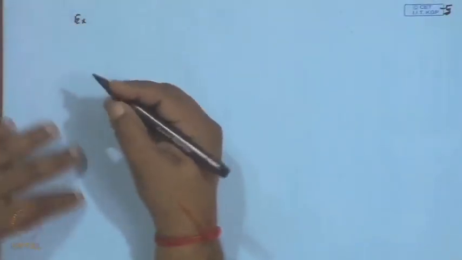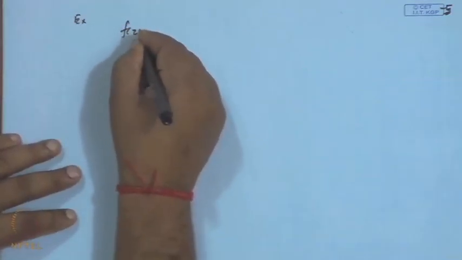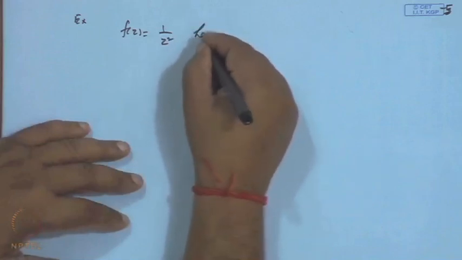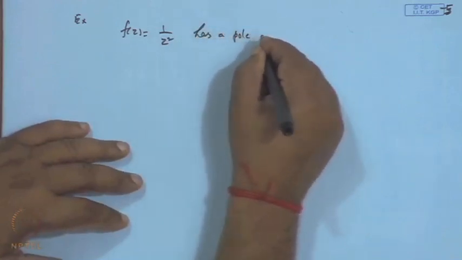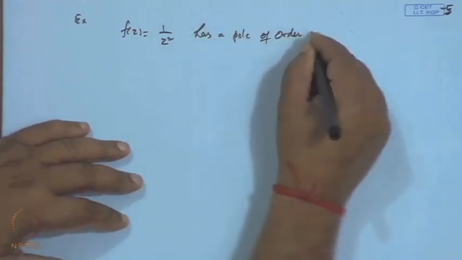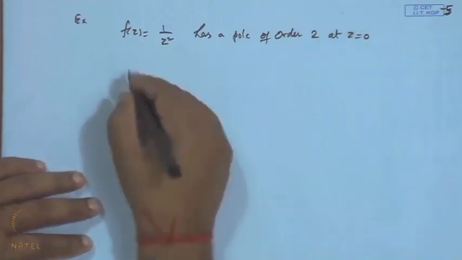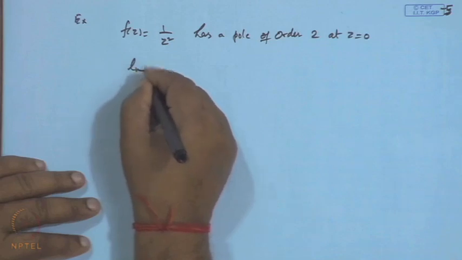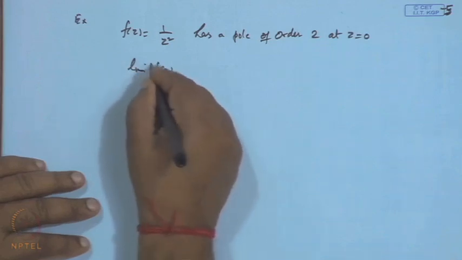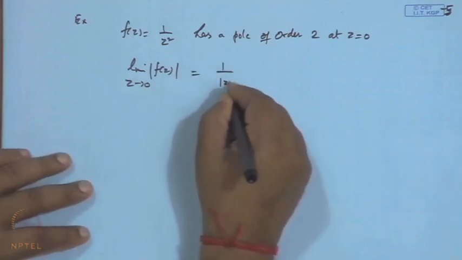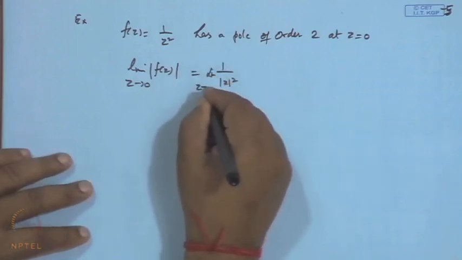For example, if we look at the function f(z) = 1/z^2, it has a pole of order 2 at the point z = 0. Now, when you find the limit of |f(z)| as z tends to 0, this is 1/|z|^2, which is 1/(x^2 + y^2) as x and y tend to 0.